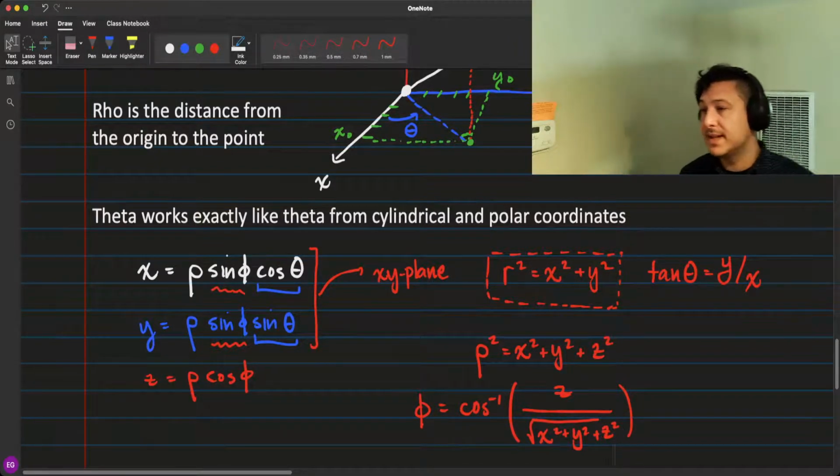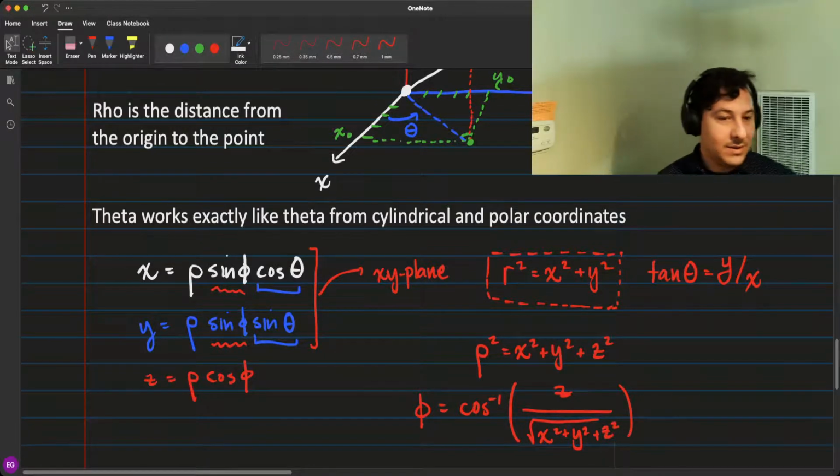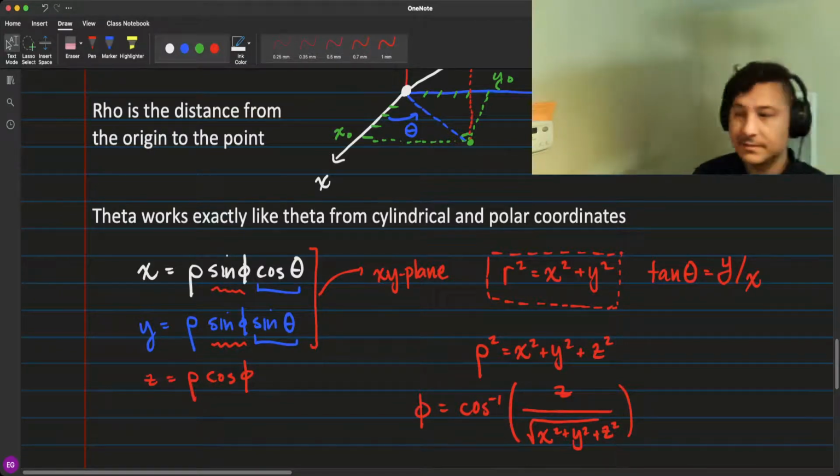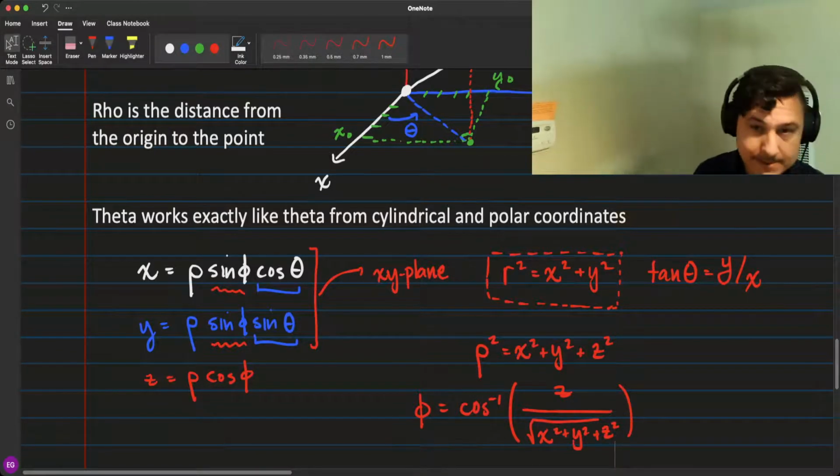Okay, so we're going to do an example. We'll use these to change coordinates. I'll give you a moment to write it down.